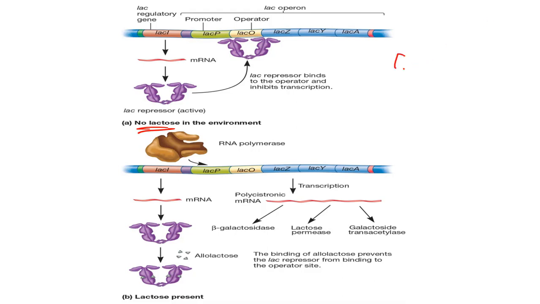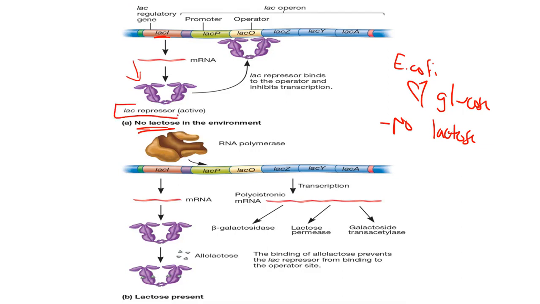So if E. coli is growing with its favorite food, glucose, and there's no lactose in the environment, then what's going to happen is LacI is going to get turned on. It's going to make this protein called the Lac repressor. So LacI is the gene that codes for the Lac repressor.